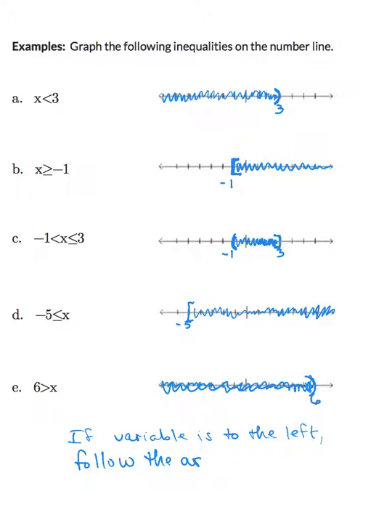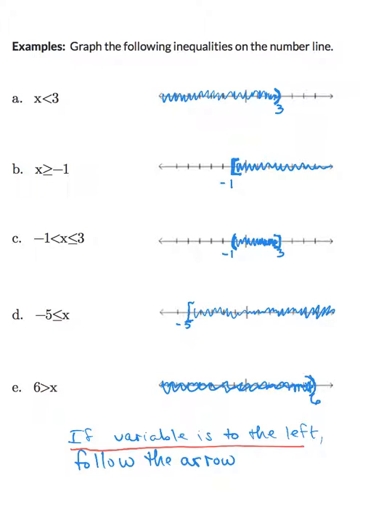But this only works if the variable is on the left side of the inequality. For instance, if we look at A, we have x is less than 3. Since the variable is on the left, I can follow my arrow. I want to shade to the left. For B, since my variable is on the left, I can follow my arrow and I can shade to the right. But if your variable is on the right side, then you do need to be more careful.